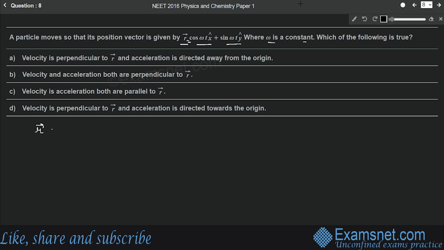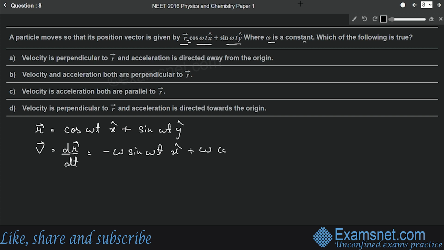Position vector is given, so that is equal to cos omega t x cap plus sin omega t y cap. So what will be the velocity vector? It will be the differentiation of the position vector, that is dr by dt, right? So on differentiating the position vector, we get minus omega sin omega t x cap plus omega cos omega t y cap.